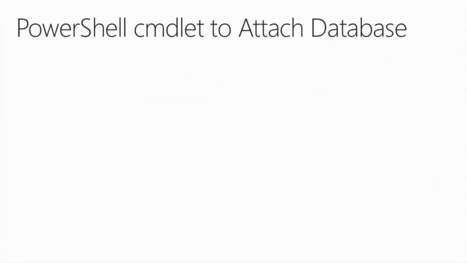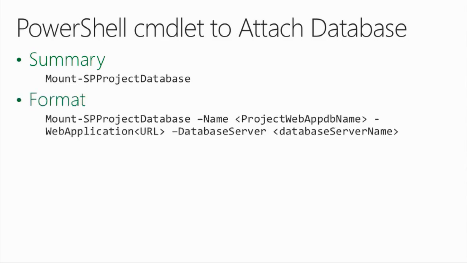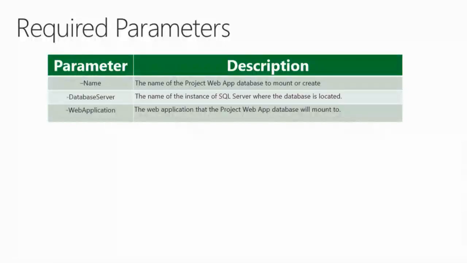So the PowerShell commandlet to attach a database is Mount-SPProjectDatabase. The format of that is you mount the SharePoint project database. You have to give the name of the database that you're mounting, the web application you're mounting it to, and the name of the database server. So there are 3 main parameters there: the name of the database, the database server, and the web application.